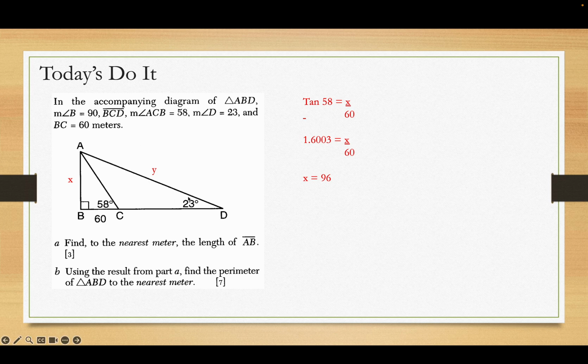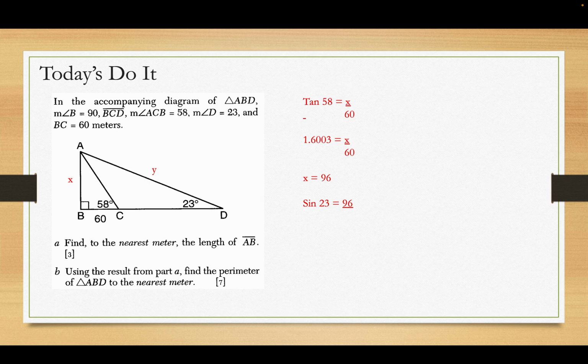For Y, we're going to have to deal with the 23-degree angle and just this big triangle. I know this is 23, and I know X is 96. So the 96 is across from, or opposite, the 23, and the Y is the hypotenuse of the big triangle. So opposite and hypotenuse is sine.